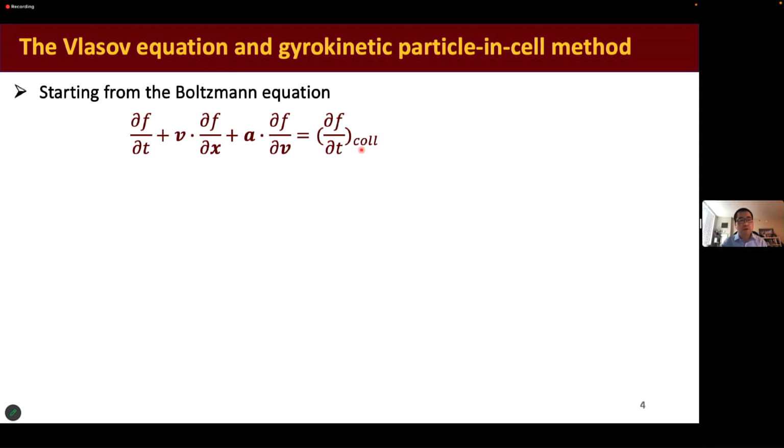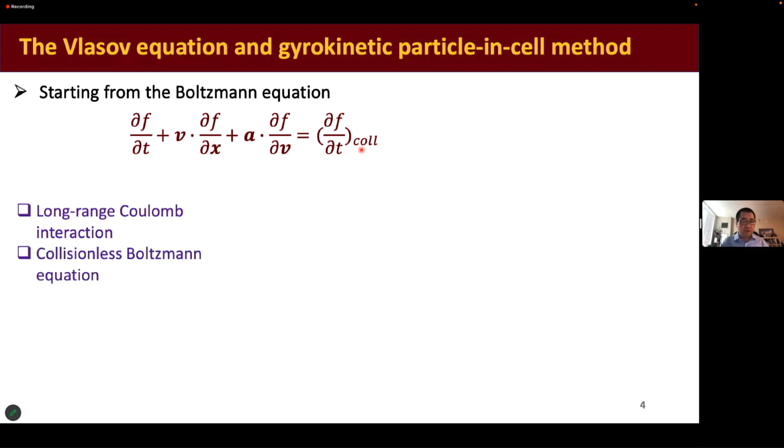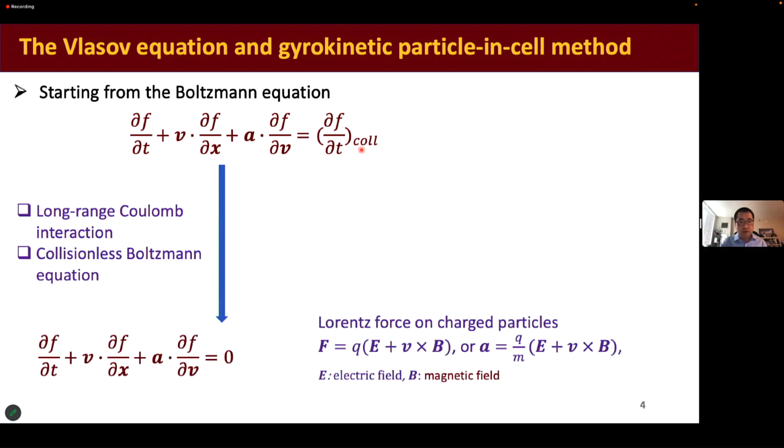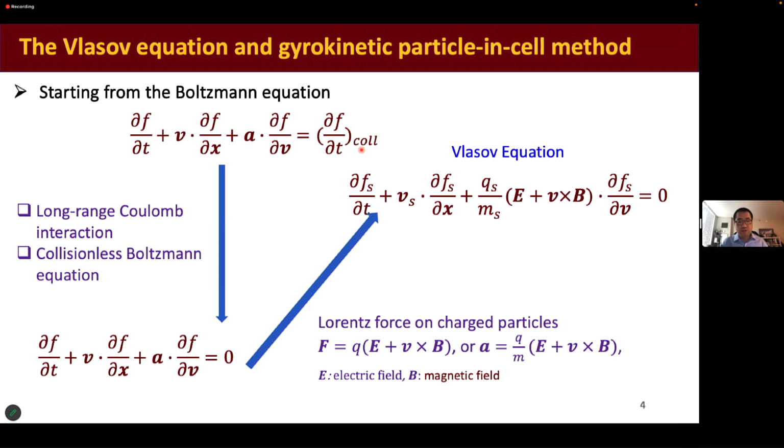With long-range Coulomb interaction in plasma physics, you can have the collisionless Boltzmann equation, where the right-hand side collision term is 0. Then for plasma, you have the Lorentz force on charged particles based on the electric field and the background magnetic field, which gives you the velocity equation.